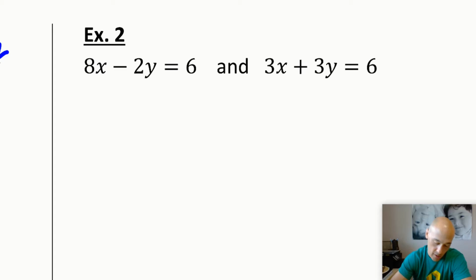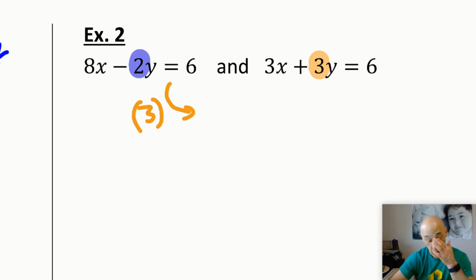So here what I'm going to do is take this 2 and the 3, and I'm going to take this equation and multiply by the 3. So multiply by 3, and that comes from this right here.